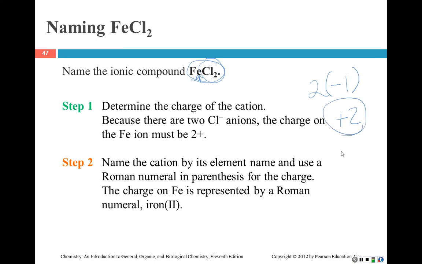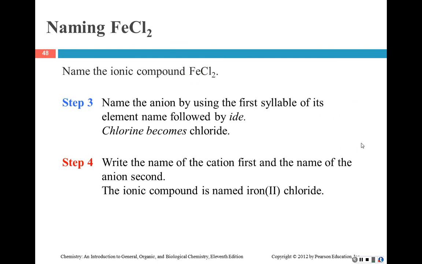So that becomes iron 2. Why? Because the Roman numeral in parentheses tells me what that charge is. The chlorine becomes chloride, and so the ionic compound name for that is iron, Roman numeral 2, chloride.